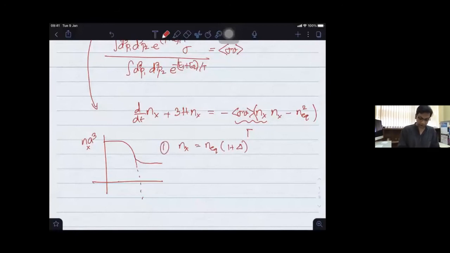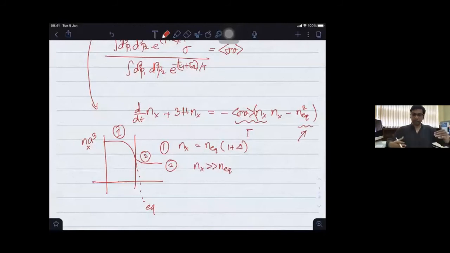That's one step. So that's, let's say, up to here. And then later on, what is happening is that this equilibrium solution is much smaller than n_x. So for the second part of the solution, which is here, you make the approximation that n_x is much, much larger than n equilibrium. So this last term actually goes away, and you can solve the second part.